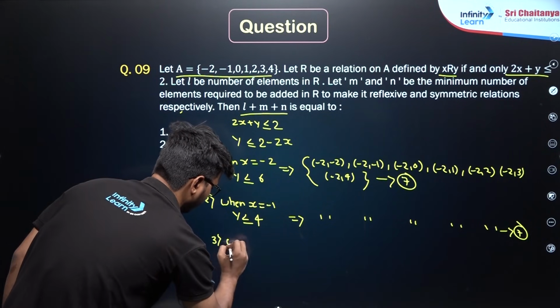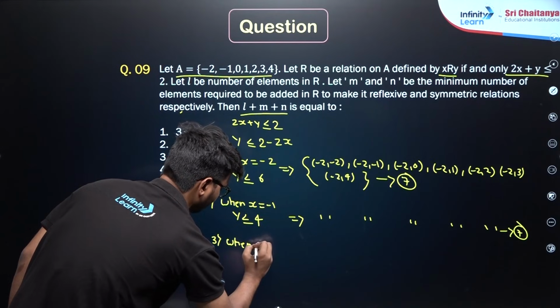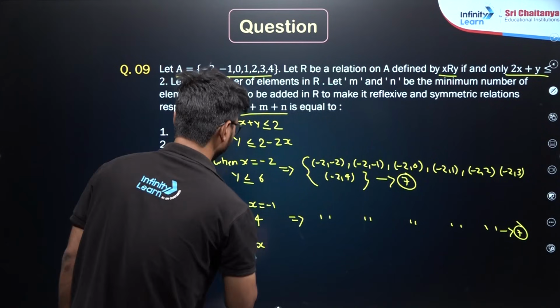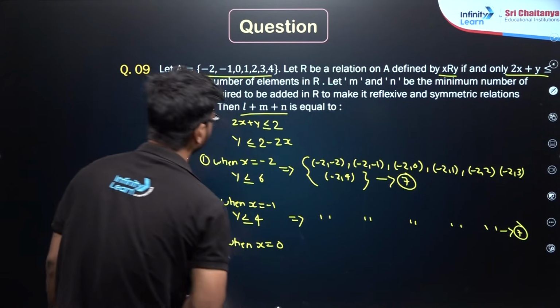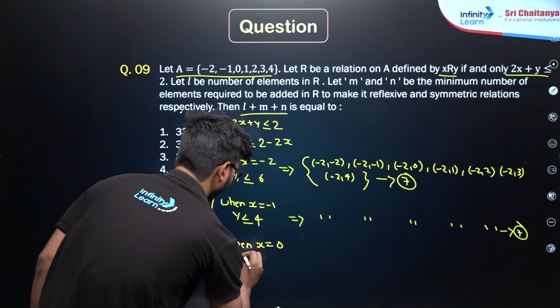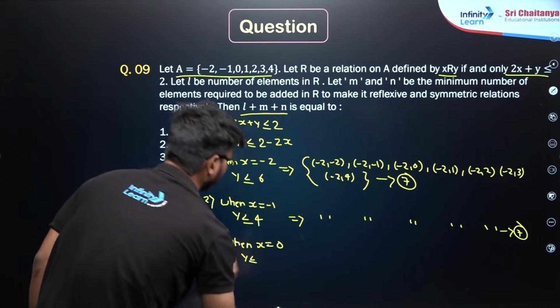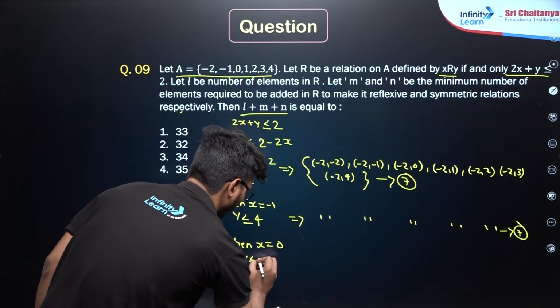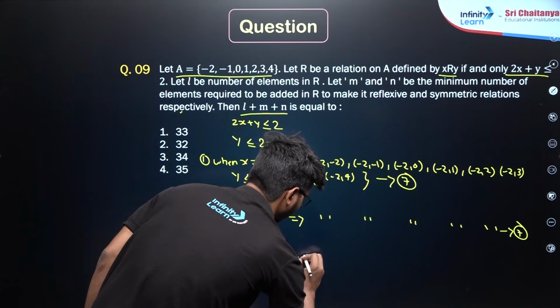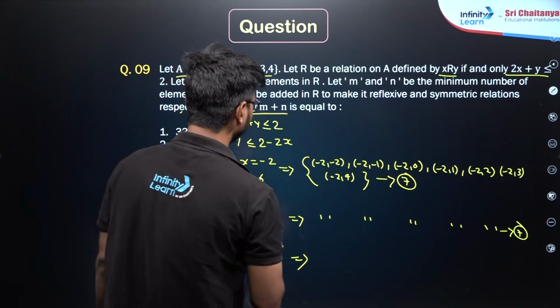Let's go for case number 3. Case number 3 I am taking when x equals 0, correct? So when x equals 0, we are going to get y ≤ 2. So y ≤ 2, how many possibilities are we having?